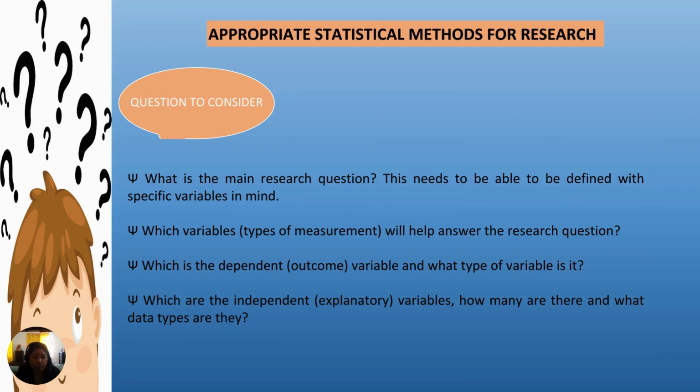So for our example, physical activity level is the independent or the explanatory variable in our study. And how many are there? We will check, maybe you added something else, because for example, you are also interested, apart from physical activity, in one more variable there, like sleeping or eating preference.